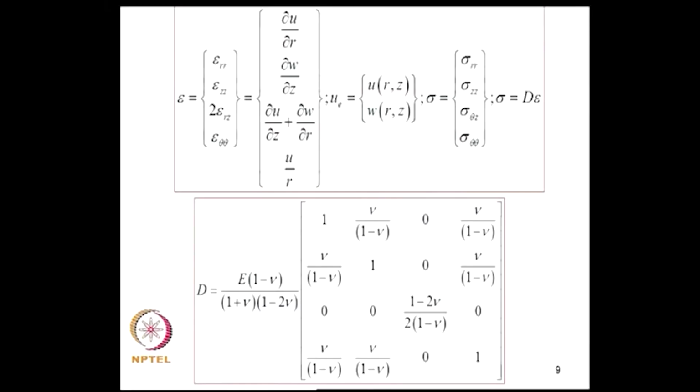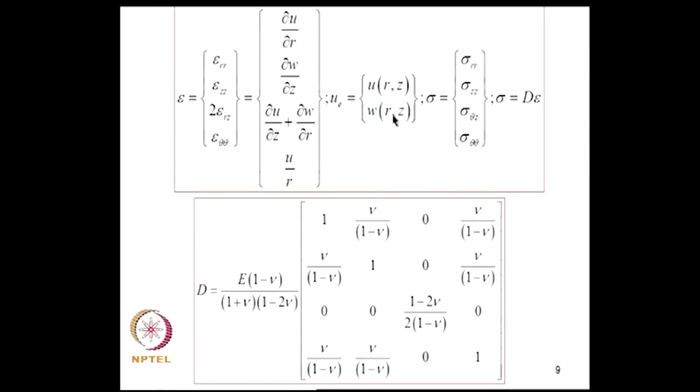So, with that in view, we will assemble the strains in a 4 cross 1 vector as shown here: epsilon rr, epsilon zz, epsilon theta theta and the shear strain. They are related to displacement through these relations after introducing all the simplifications resulting from the assumptions of axisymmetry of geometry, loads and boundary conditions. So, the element field variables will be u(r,z) and w(r,z).